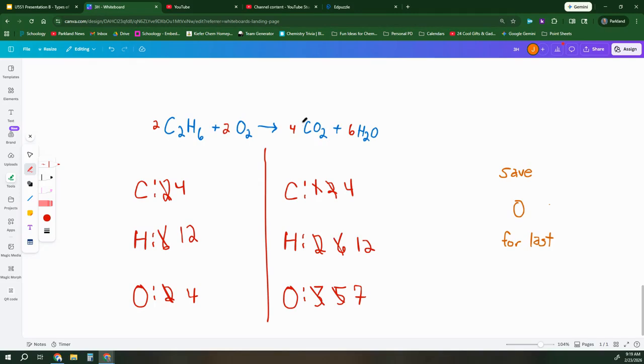And in total, 4 times 2 is 8 oxygens from this molecule. 6 times 1 is 6 from this molecule. 8 plus 6 in total gives us 14 oxygens.